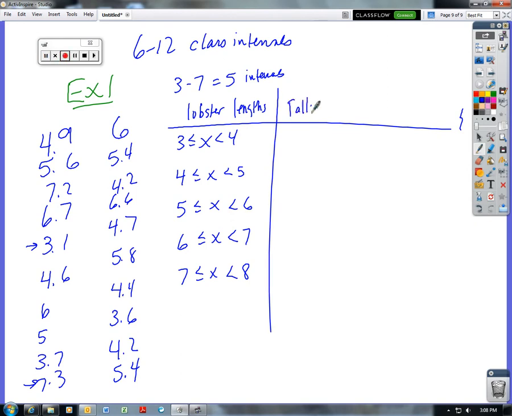Tally. That would be going through here and tallying them all in.